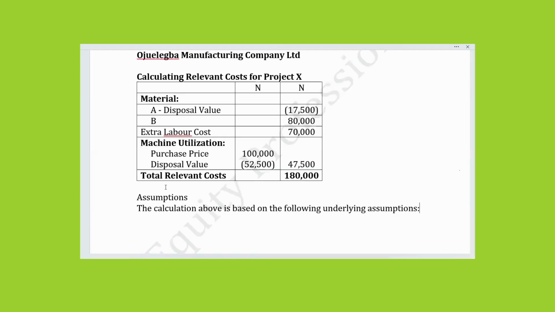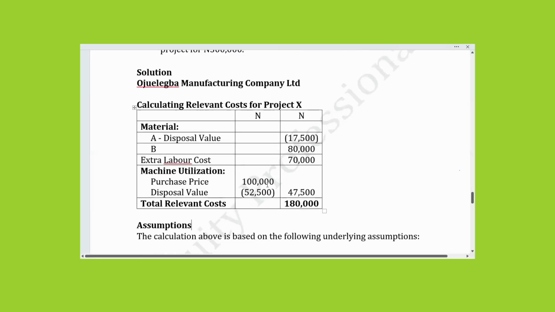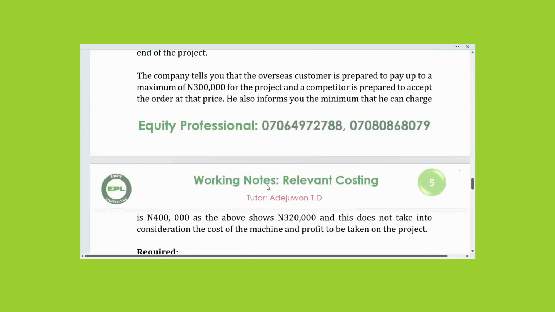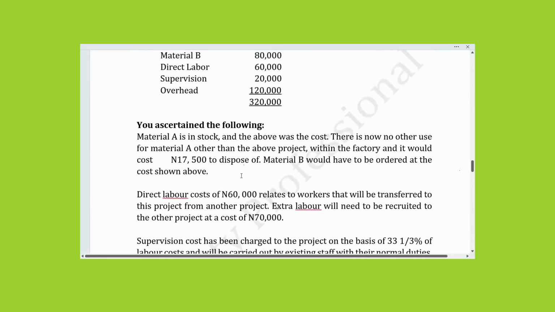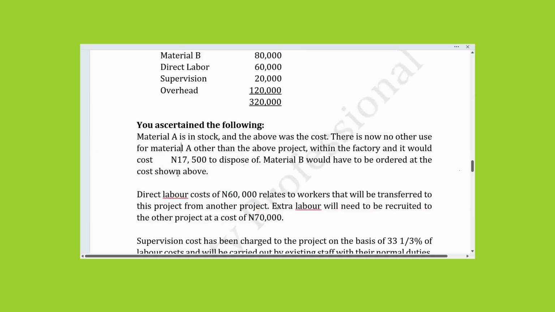Then begin to treat it one after the other. How did you come about your numbers? How did you treat the figures? When you are stating your assumptions, pay attention, please. Assumption is not something you are going to fabricate. It's already there in the question, line item by line item. From this additional information, how did you treat each piece of information given to you? That's what the examiner is asking.